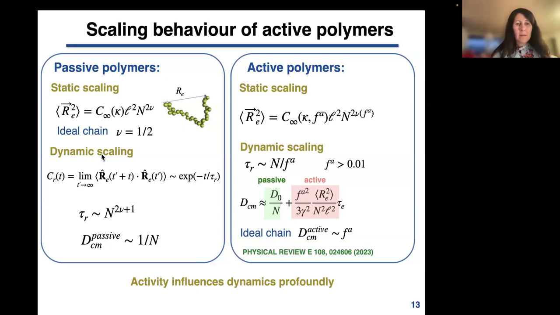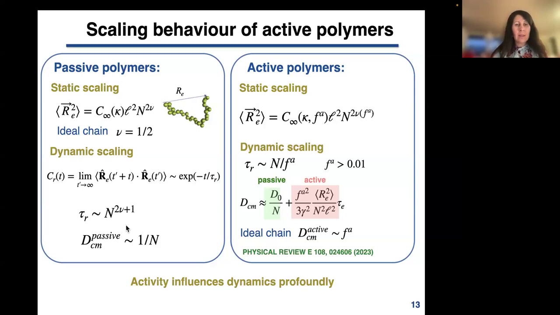And then you look at the dynamic scaling. One is the orientational correlation function of the end-to-end vector: you look at the end-to-end vector, you take the unit vector of it, and you calculate its correlation. Typically, it decays exponentially with a relaxation time which scales as N to the power of 2 nu plus 1. So for an ideal chain, it's simply N to the power of 2.